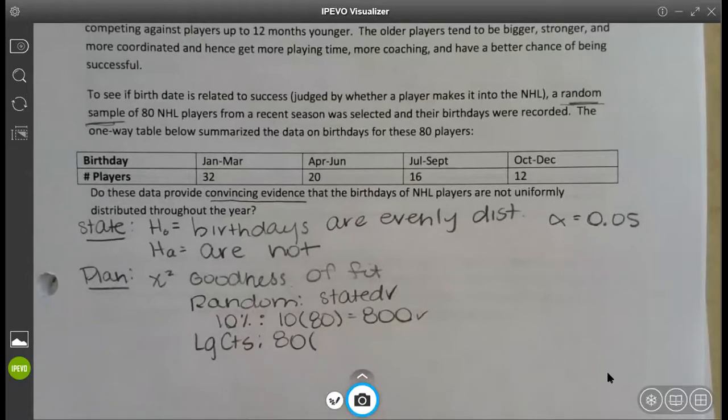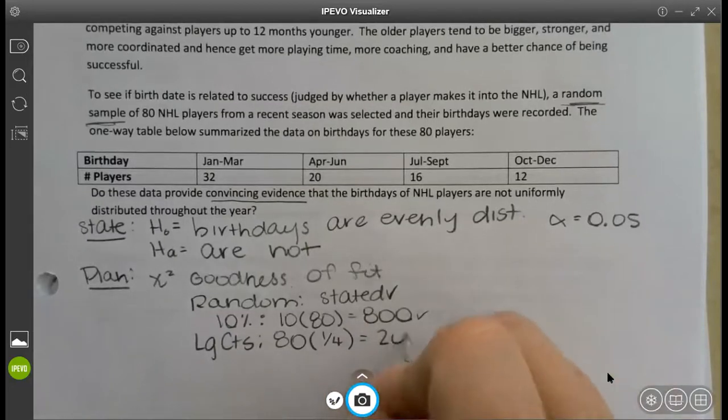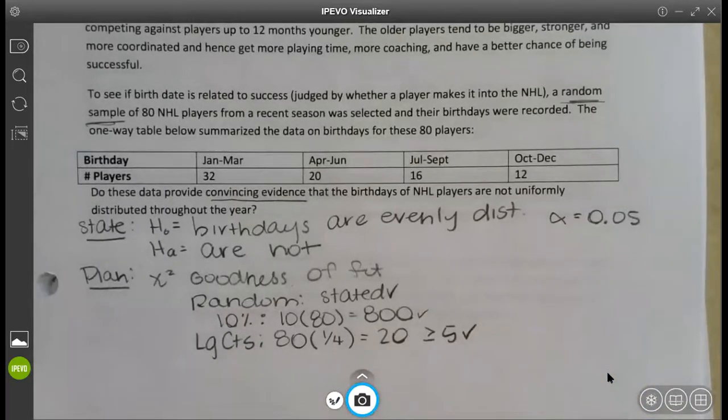If there's 4 categories and it was even, shouldn't it be 0.25? You are correct. Do I have to do this 4 times? No, you just have to make sure that all of them are above whatever. They're all the same. You don't have to do it 4 times. Okay, so don't. Does everybody understand why it's 1/4? They were even, so the even probability means quarters, quarters, quarter, because there's 4 different categories.